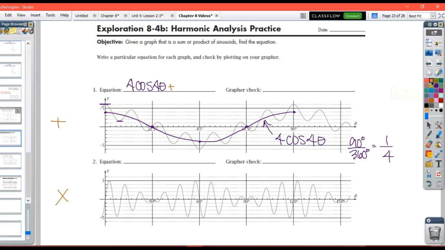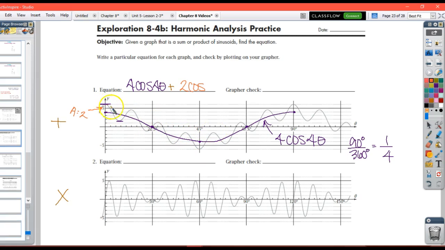And now the harder part is to find the equation for the smaller sinusoid. I can see that it's 2 above the sinusoidal axis, which tells me that my amplitude is 2. Since it's starting above the sinusoidal axis and not at the sinusoidal axis or at the origin, I know that this is a cosine function. Then I need to figure out how much smaller this curve has become.